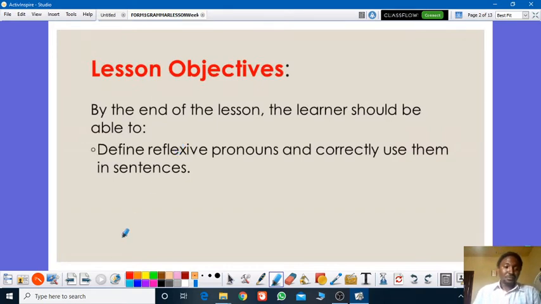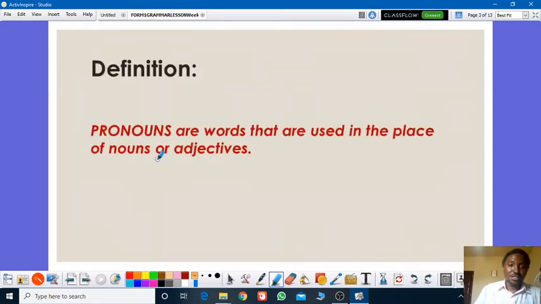And we go straight to definitions. A pronoun is a word that is used in the place of nouns or adjectives. In that case, it means you replace.